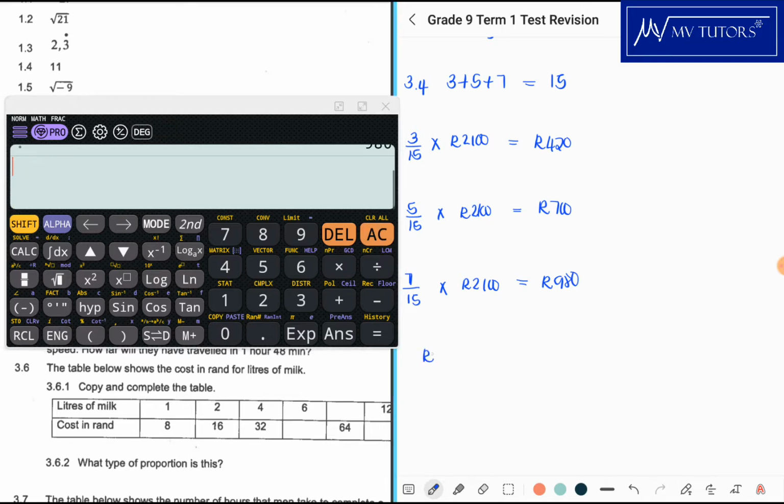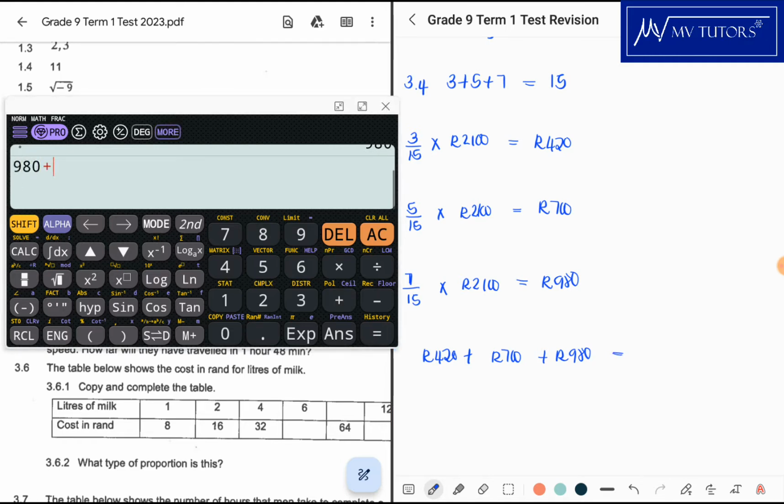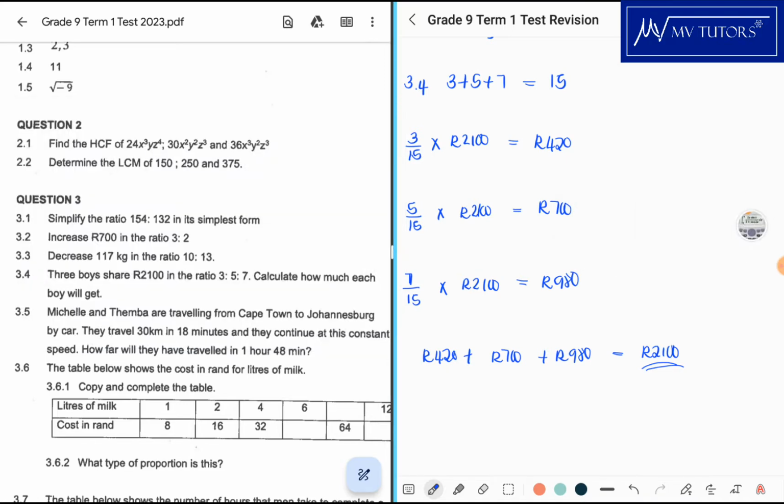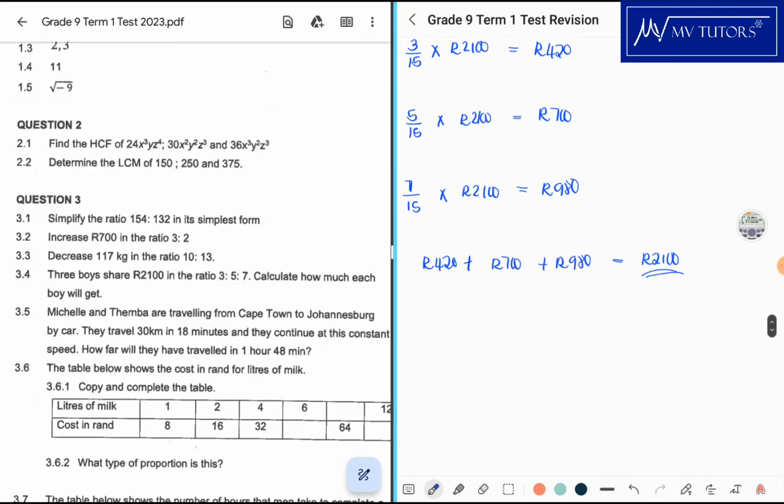If you take 420 plus 700 plus 980, do you get back the original amount? Yes, we do. 2,100. Okay, so that was 3.4.